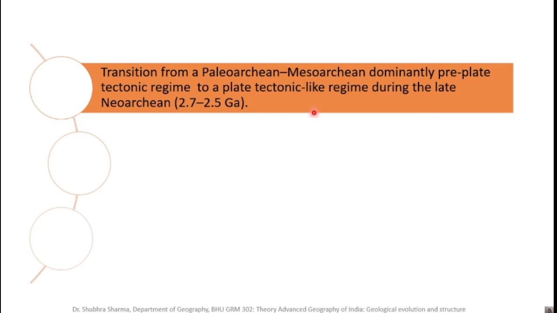So by studying these rock types and the minerals, geologists and petrologists have inferred that the plate tectonic like regime, where we talk about the movement of the lithospheric plates, the divergent and convergent boundaries, all those mechanisms, started affecting the Indian plate around 2.7 to 2.5 billion years ago. That is also known as the Neo-Archean period. And before that, the Indian plate did not have a plate tectonic like regime. So that is also information that comes from the Archean cratons when you study them.